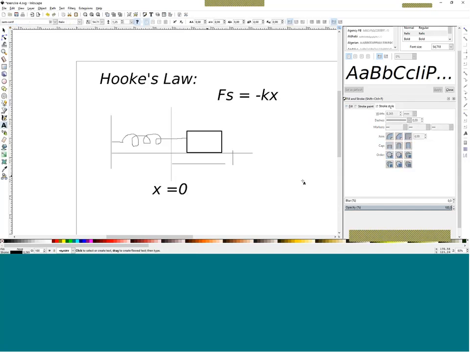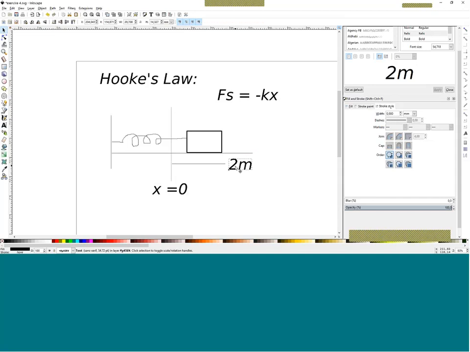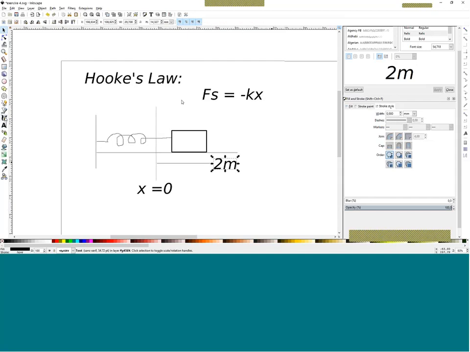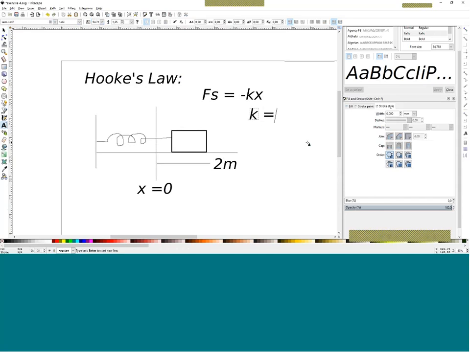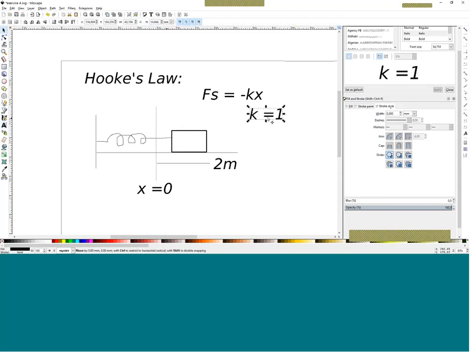If I stretch it out very quickly, and assume K, let's keep it that simple, so the property K is 1.